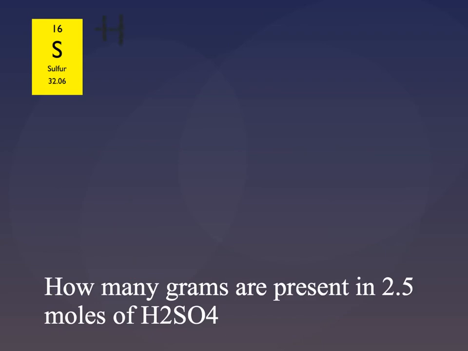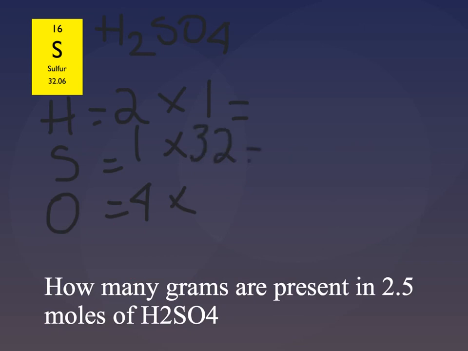Sulfuric acid formula. It means we have 2 atoms of hydrogen, 1 atom of sulfur, and 4 atoms of oxygen. Now we know that hydrogen has 1 gram, sulfur has 32, and oxygen is 16.